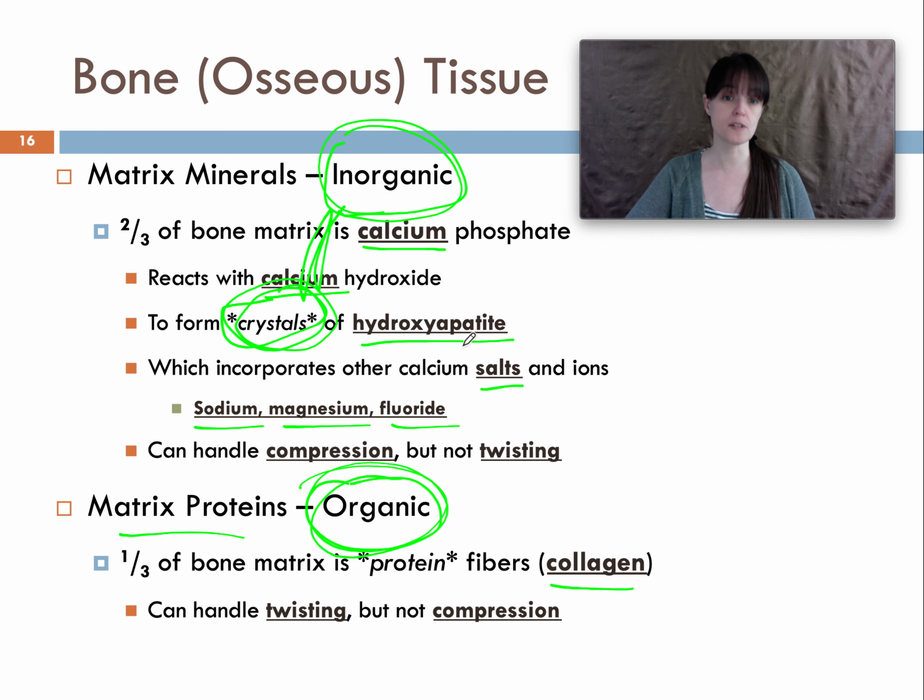Connective tissues, like bone, for instance, are about 2% cells and about 98% extracellular material. And the calcium crystals can withstand compression, but not bending, twisting, or sudden impacts.